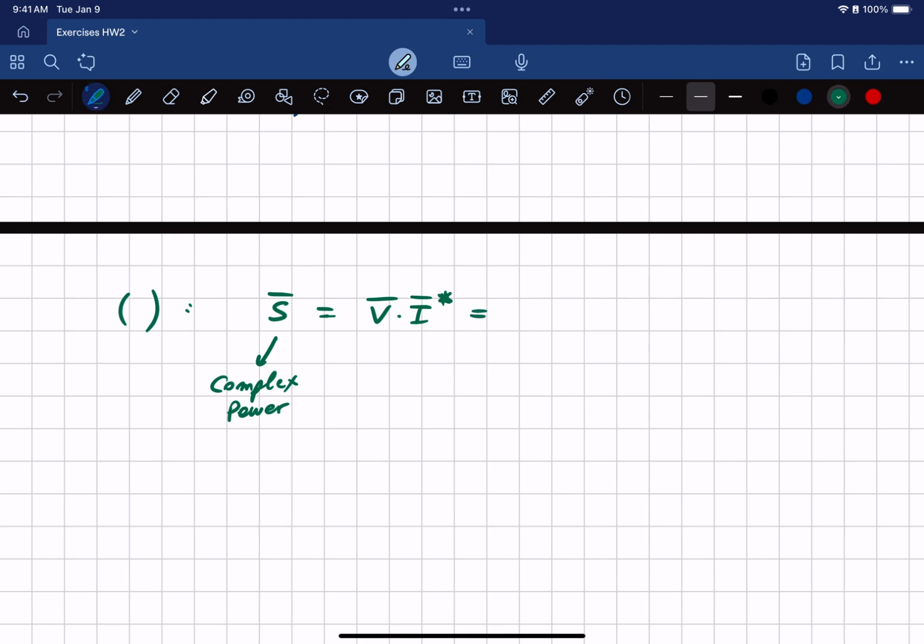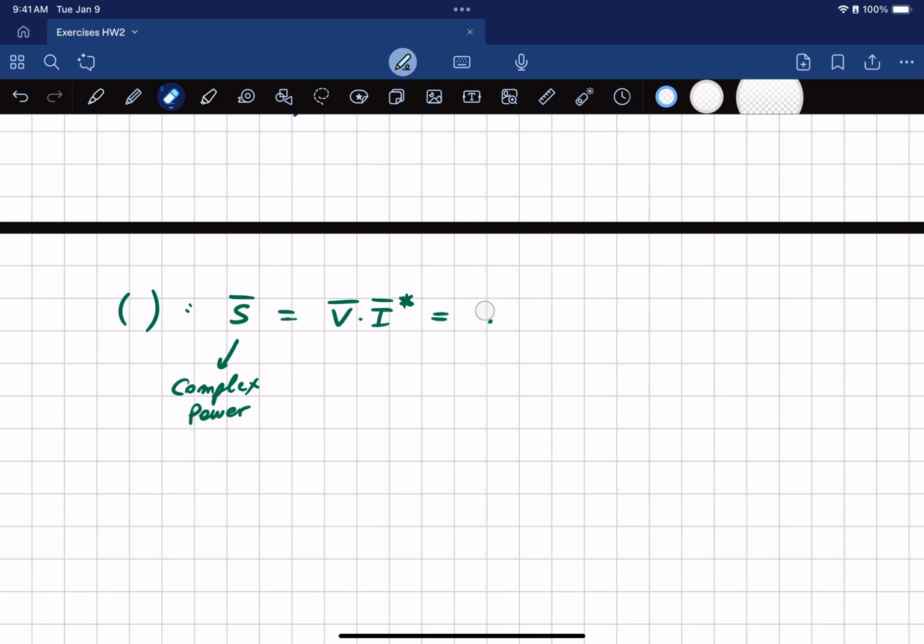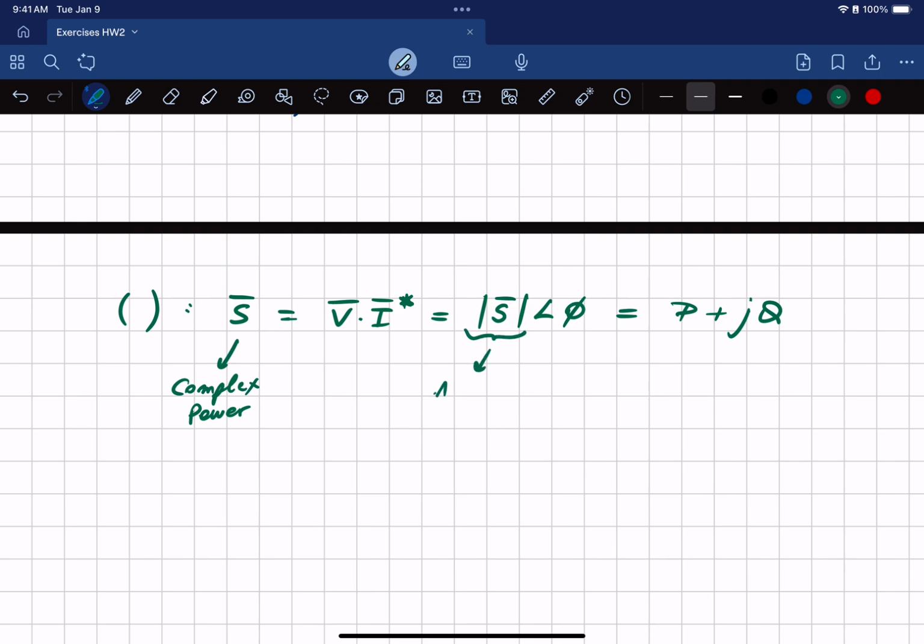This is going to give you, of course, a complex number. As any other complex number, it can be expressed in polar form, so let's call it the module and angle phi. And it can be expressed in real and imaginary part. The module is called the apparent power, and it's measured in VAs, or volt amperes.